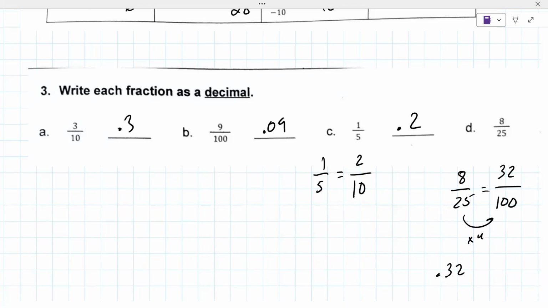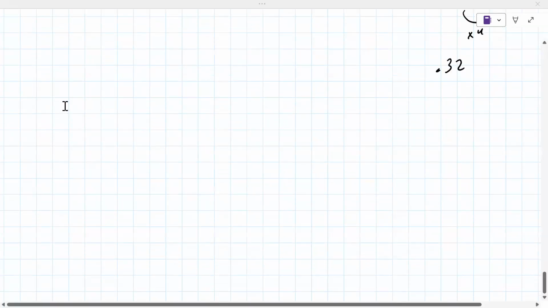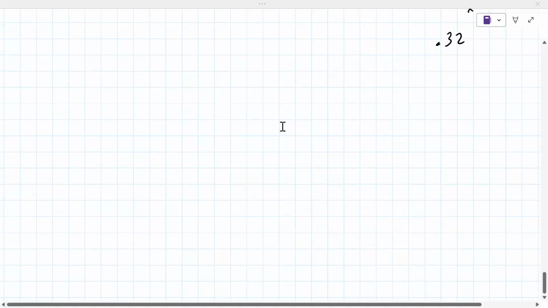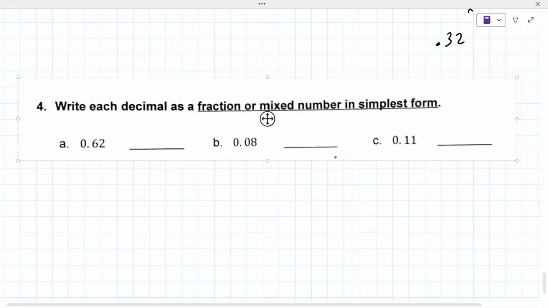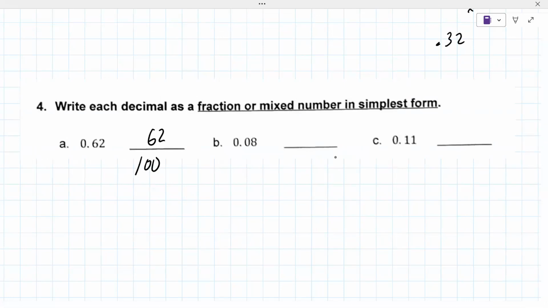Next one is 62/100. Yes, but you have to be on the lookout for can you reduce? Like you just said. Yeah, so that becomes 31/50.